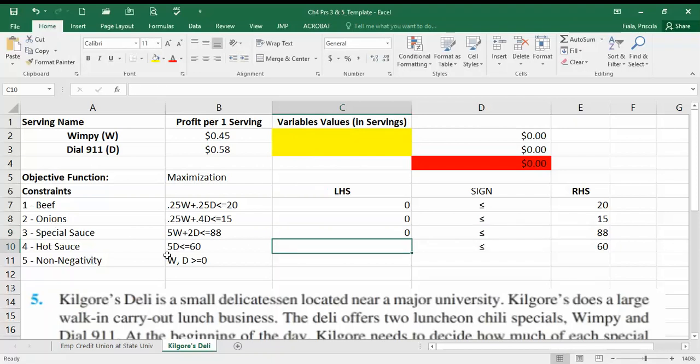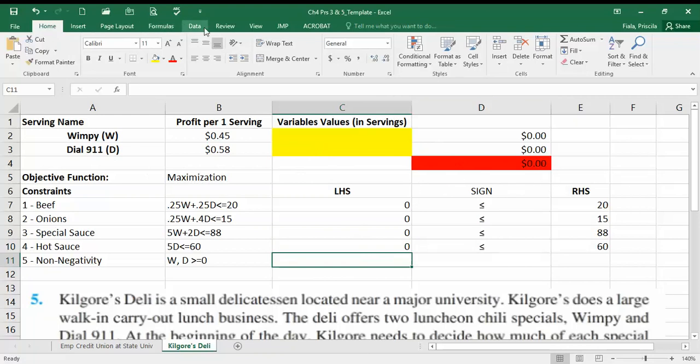Over here, we're only working with the Dial 911 because that's the hot sauce they added to make it Dial 911. So we're going to do equals 5 times my D, which is Dial 911. Okay, we have defined our constraints, and this is just to make it easier on Solver, or on you, when you go to Solver.